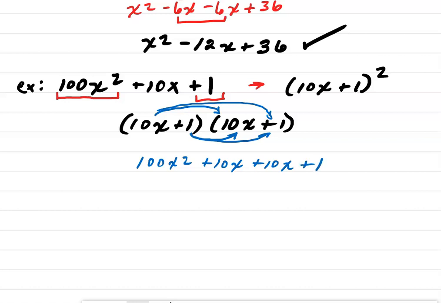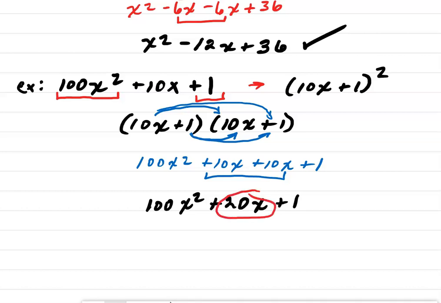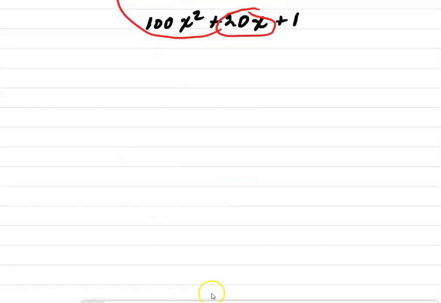So we do in fact end up with the first term and the last term correct. But if you notice our like terms here, we end up with 20x in the middle. So we have 100x squared plus 20x plus 1. And if you notice, plus 20x, we needed a plus 10x. So therefore, this is not a perfect square trinomial. So don't let them just trick you.